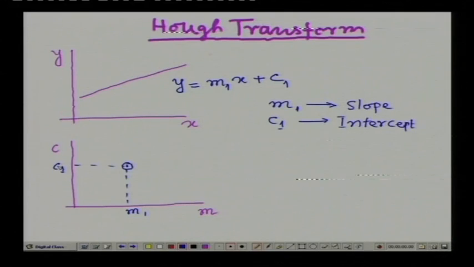So, when I map a given straight line in the spatial domain to the parameter space, a straight line gets mapped to a single point.